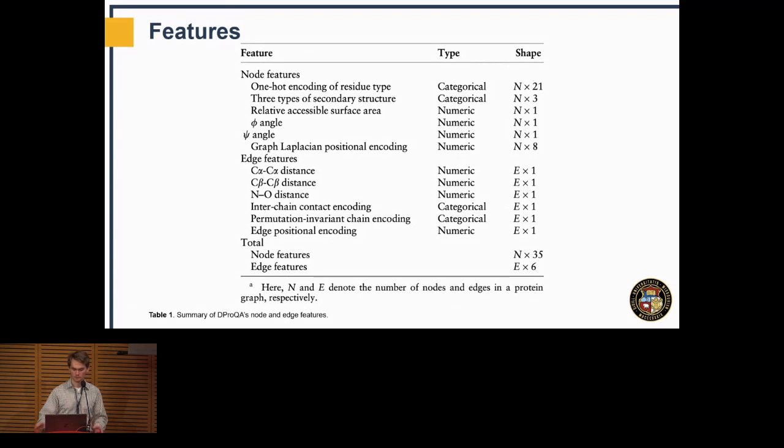That's useful encoding for protein complex QA, or at least we hypothesize. Another point of note is we have a permutation-invariant chain encoding. This is also very useful. It basically tells you if two residues are from the same chain or not. And it's essentially a generalization of AlphaFold-Multimer's positional encoding, but we do that for a sparse graph setting here, so it's a little bit more general for graphs.